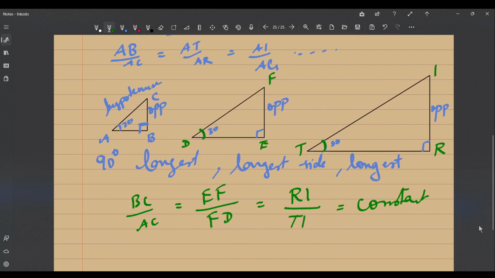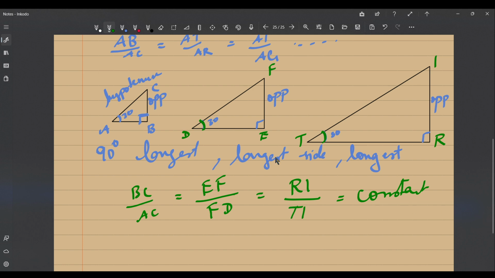And since the opposite side is with reference to this 30 degrees, we'll have to include that 30 degrees in the name, and the name given to this ratio, opposite by hypotenuse, is sine 30 degrees. So sine 30 degrees is defined as opposite by hypotenuse, right?